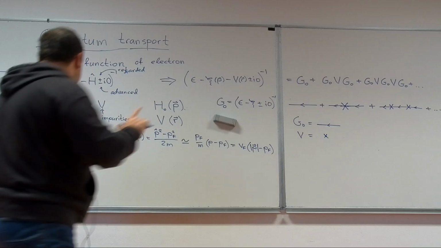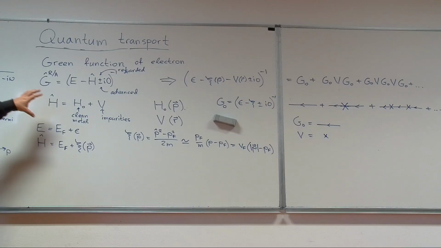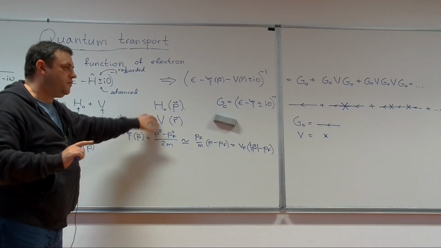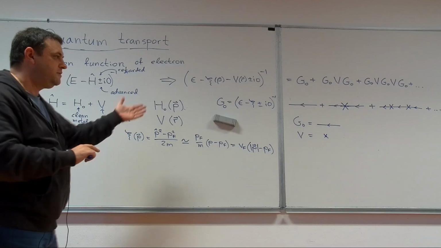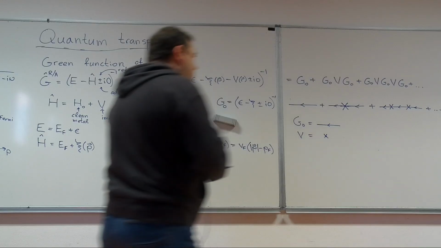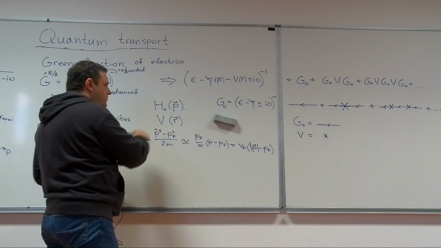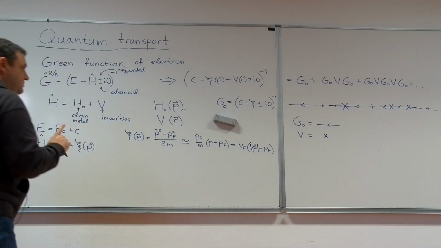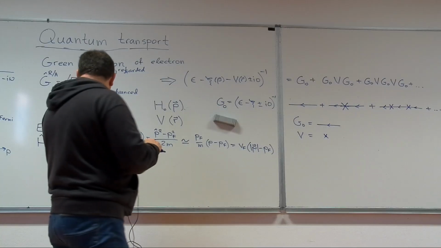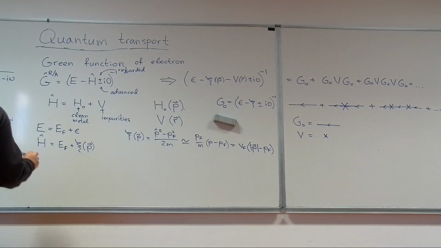So I should add some more assumptions about this V of R in order to proceed further. I have written this expansion, but we can do nothing with it if we do not assume something about V of R. What we will assume is the following.